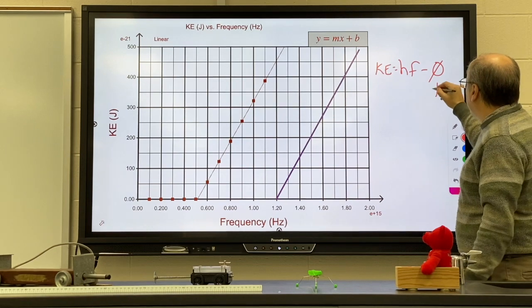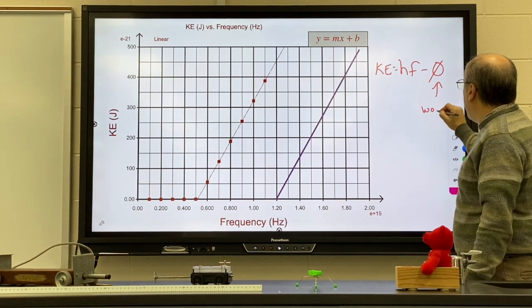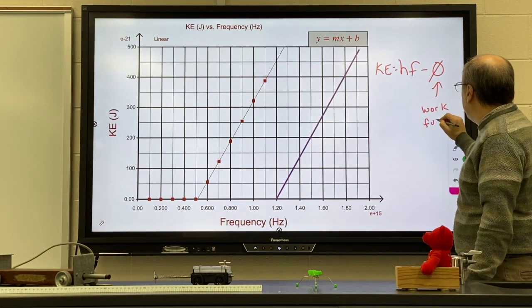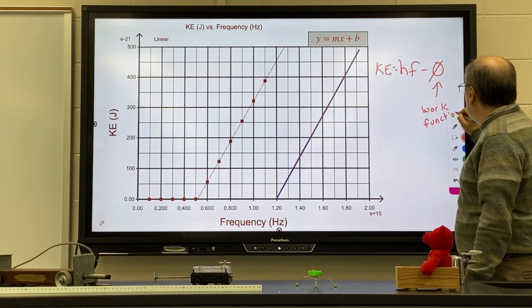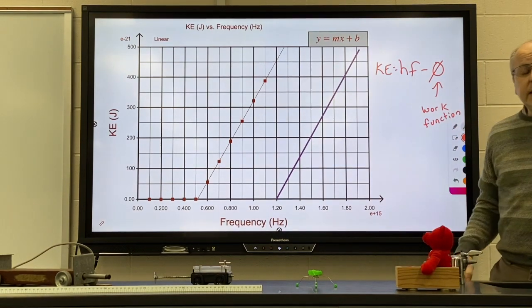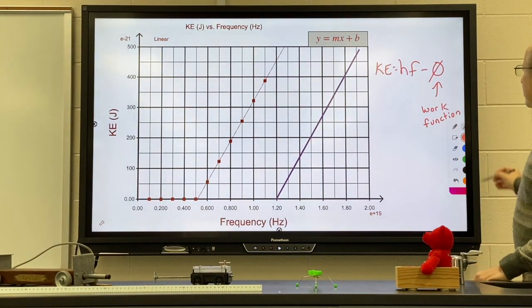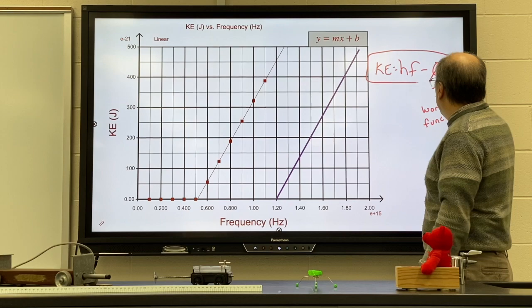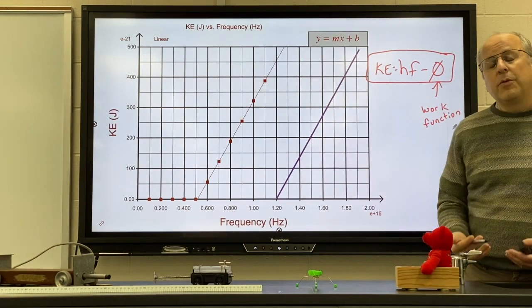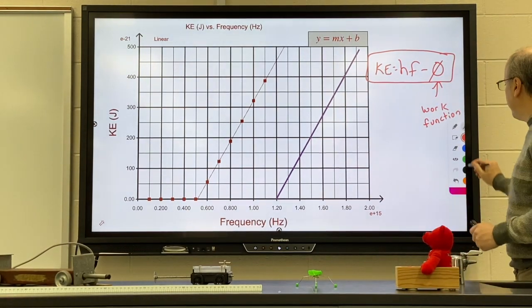This is called the work function, and it is determined by the metal target. Cesium and potassium would have different work functions. Okay, so this equation is going to turn out to be really important in the birth of quantum physics, as we're going to see really, really soon.